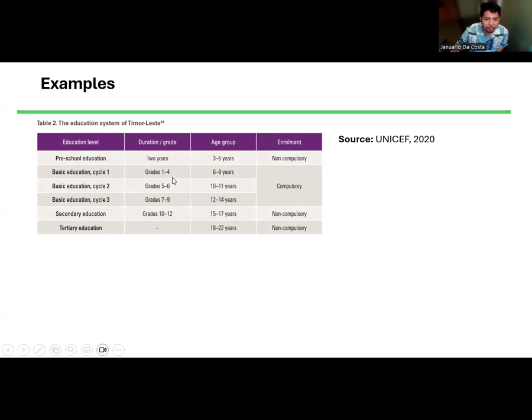The age of students in that grade is 6 to 9 years old, or preschool education. Compulsory and non-compulsory. For example, secondary education will be grades 10 to 12. The age of the students in secondary education is between 15 to 17 years old. Or tertiary education, the university.